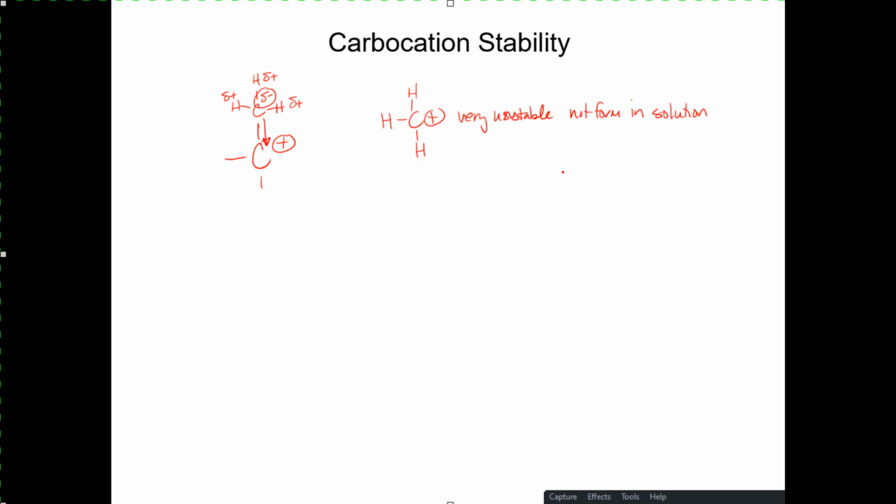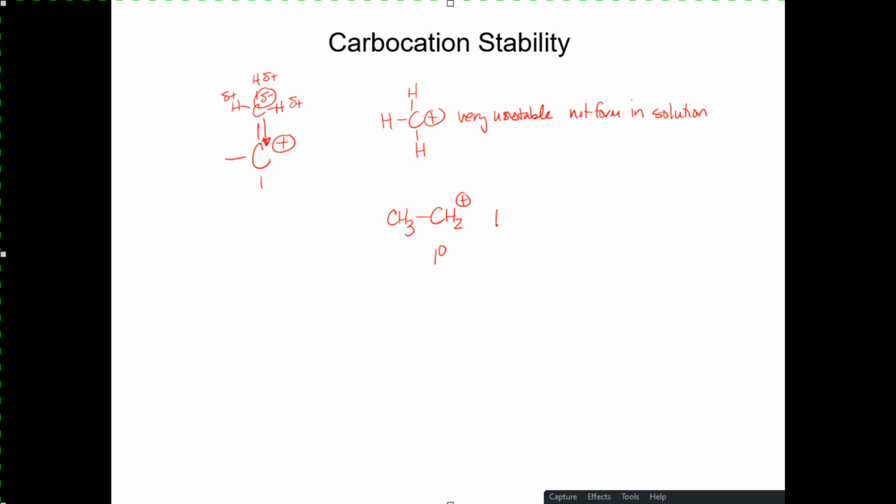Will it form in a very high energy environment that we'll talk about in Organic 2 lab in mass spectrometry? Yes, but you will not draw the structure of a methyl carbocation, nor will you draw the structure of a primary carbocation.